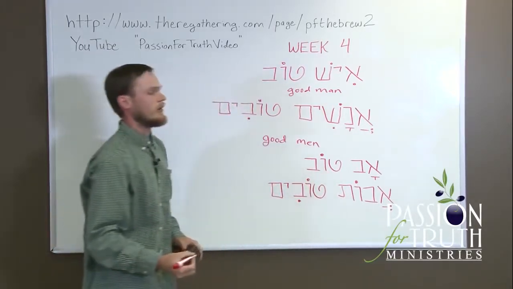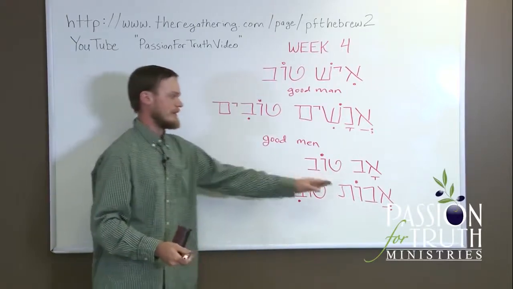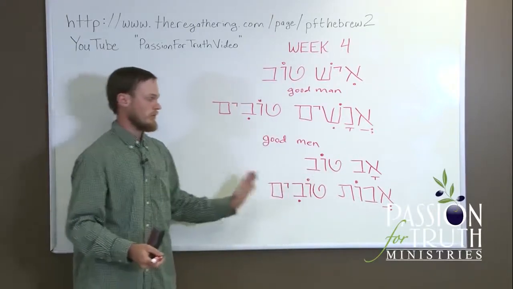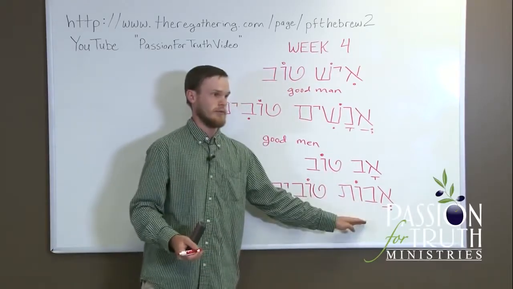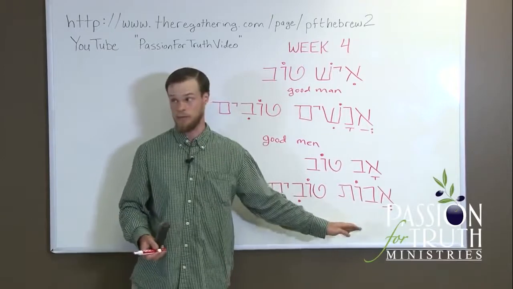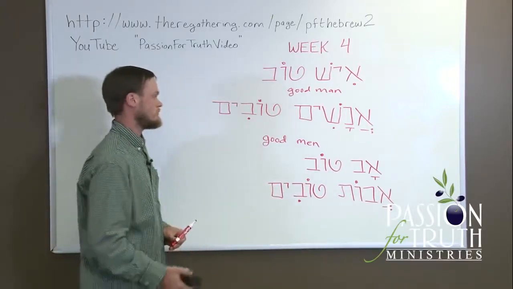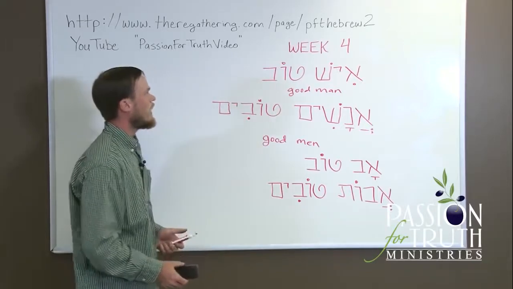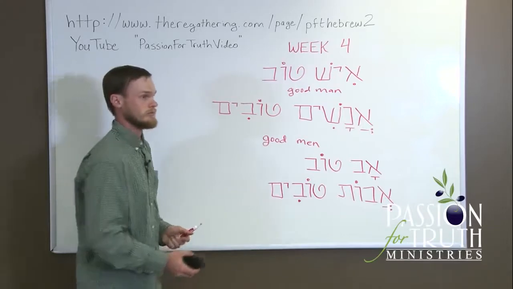So these irregularities can get a little confusing because we're used to the endings being the same. The important thing is the gender. The adjective will always match the gender, no matter what irregularities are in the noun. And the feminine plural follows the same rule as the masculine plural.